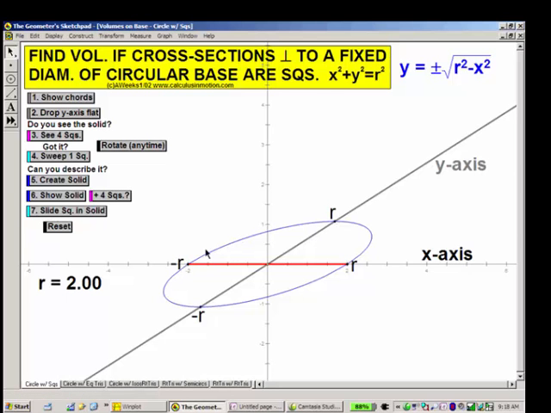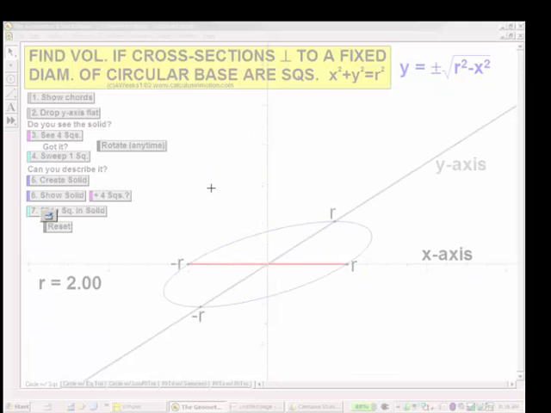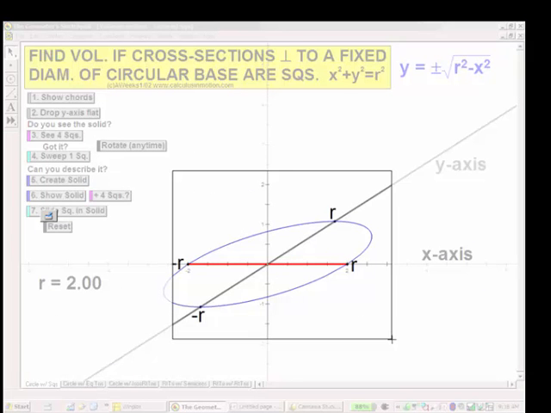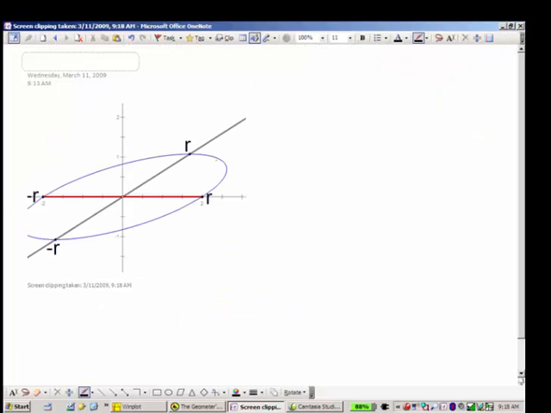And on that, every place we're going to build a square. So let's see. I'm going to try to do it really poorly, and then we'll get the computer to do it. So from here to here, I'm going to build a square that's going to stand upright like that. Okay.